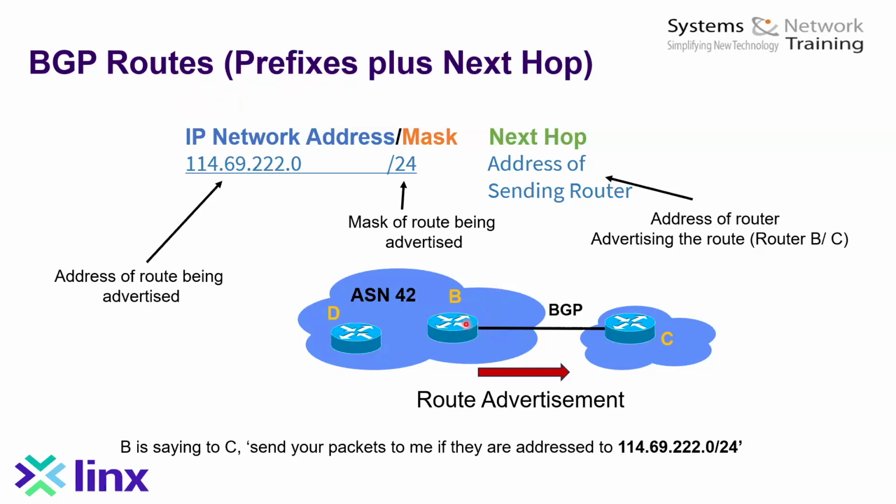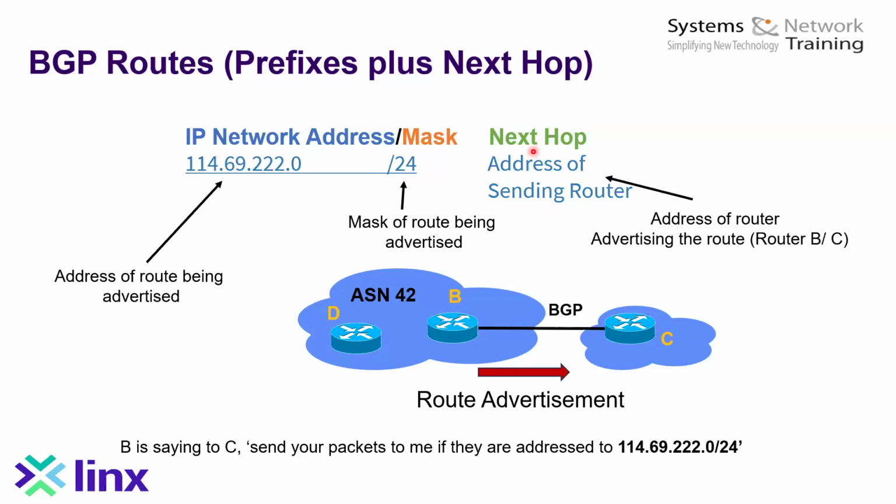So let's say, for example, this router B is advertising this prefix here to router C. Router C receives the route, and it sees who's sending it, the IP address of this BGP router here. And we call that the next hop.